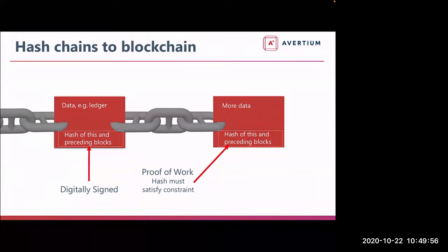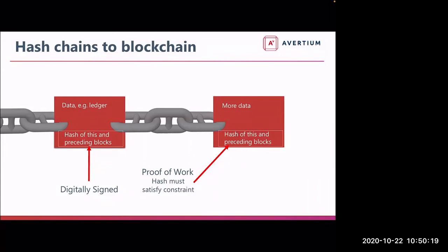And the way they do this is they create something called a proof of work. Okay, so what's the proof of work? Well, the way they do it is they require so many preceding zeros in the hash value, right? So remember the pre-image problem?